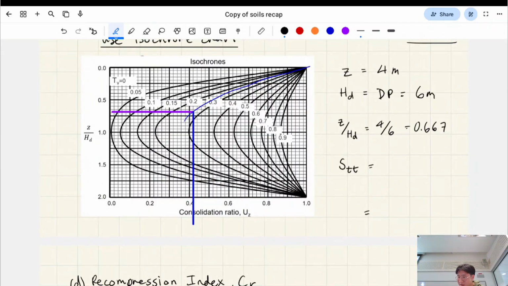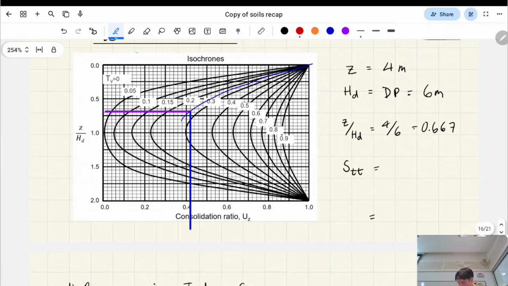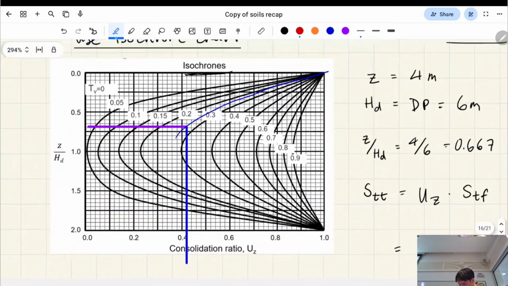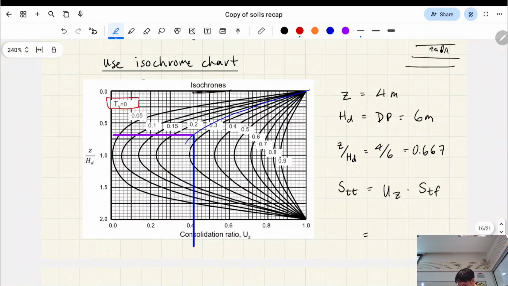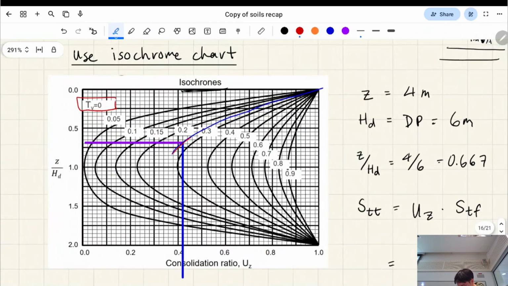Okay. Now ST(t), this is basically the settlement as a function of time at a certain point. And to calculate this, we need U as well, and then S_TF. Now, U is going to be slightly different. U is a function of the depth now. So it's a depth of 4 meters down. And that's why we need isochrone's method from 4, right? So this line here is TV.